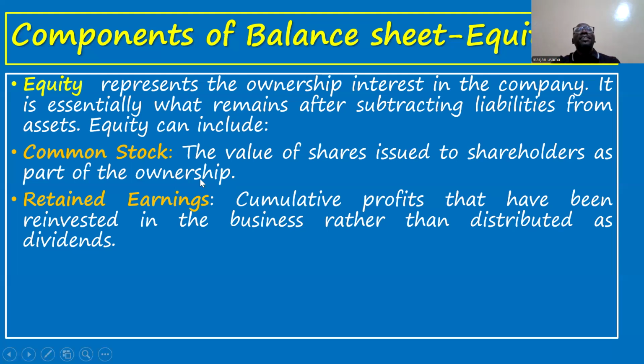Then retained earnings. Retained earnings means, for example, you're having a business. At the end of the year, you get a good profit. So sometimes some businesses, when they get this profit, they either reinvest it or some of them use it in their personal things.